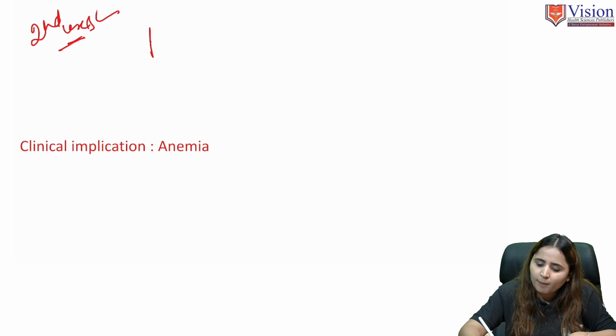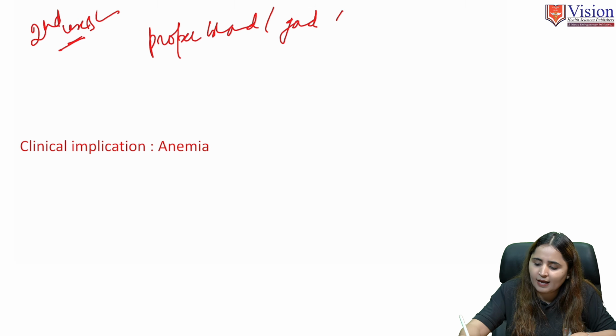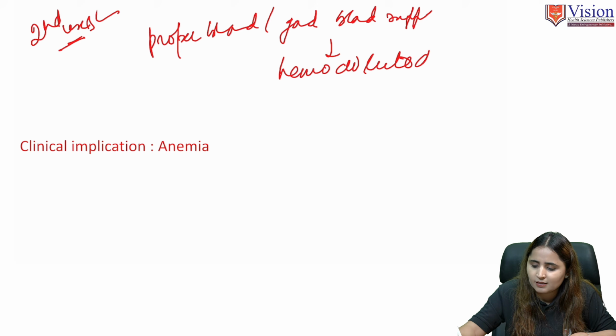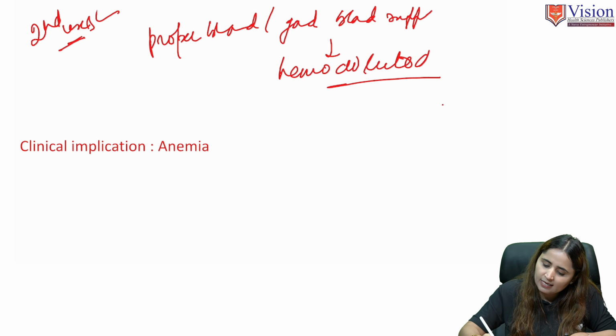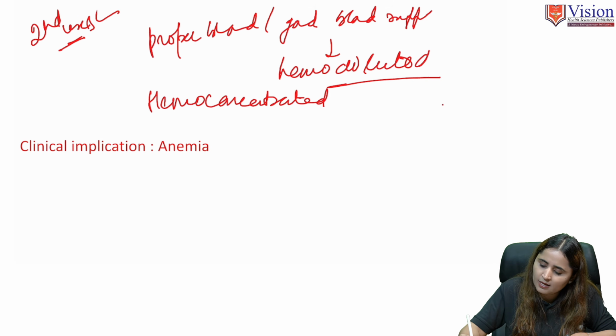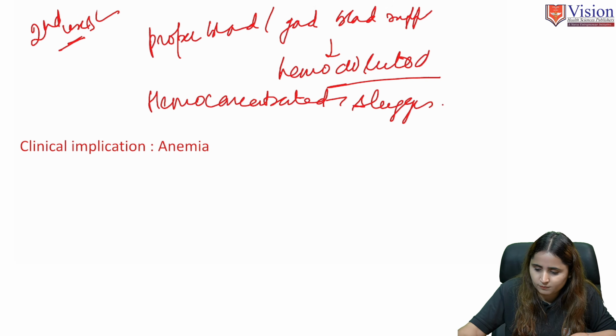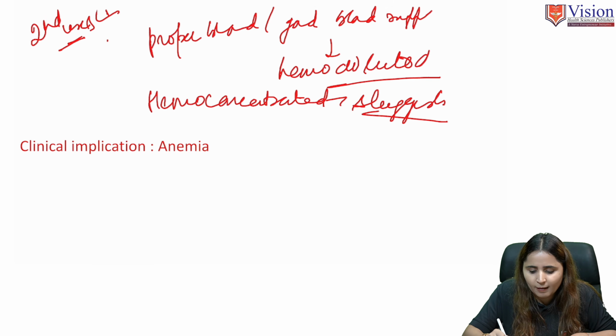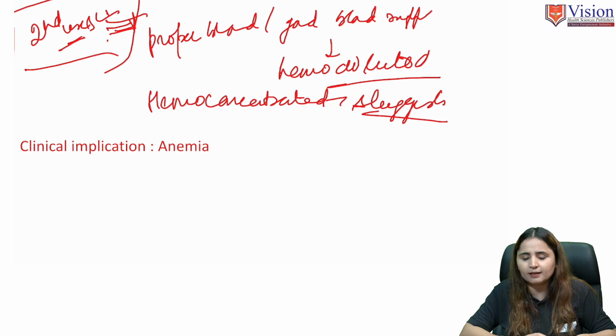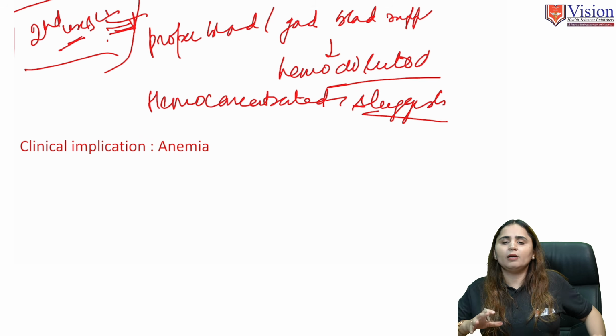For a proper, good blood supply, we require hemodiluted blood. If there is hemoconcentrated blood, it will lead to sluggish flow. So remember that the second use of it is that it helps in the proper supply of blood.